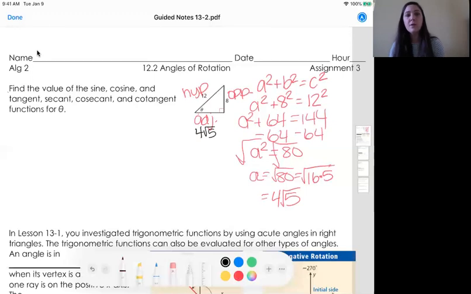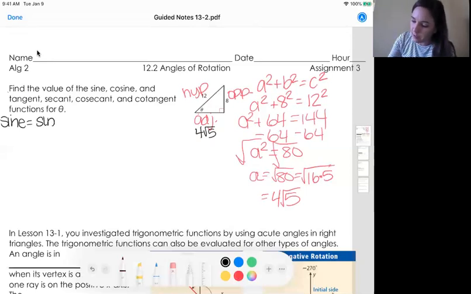Okay, so from here, now I think we're all set. We've got all the means necessary to find our 6 different trig functions. So just to recall, so sine, you can abbreviate that by saying, I usually use sin, theta. So we all know, remember our SOHCAHTOA, put it big up there at the top.